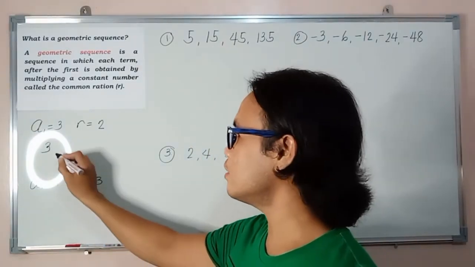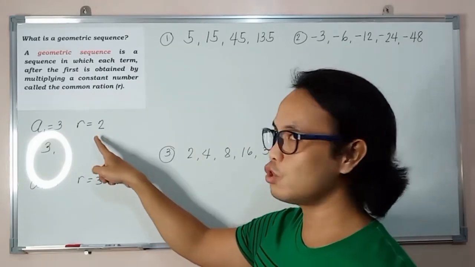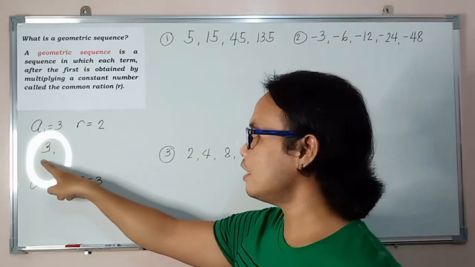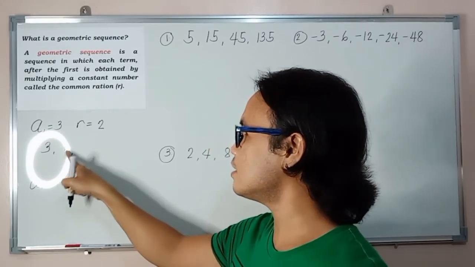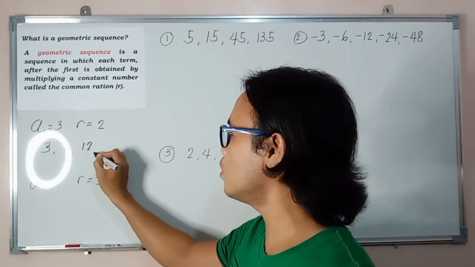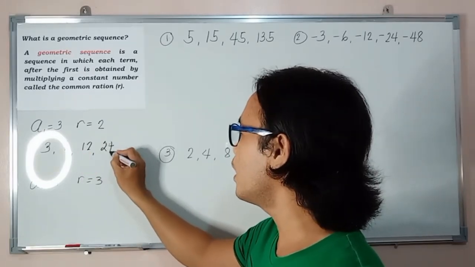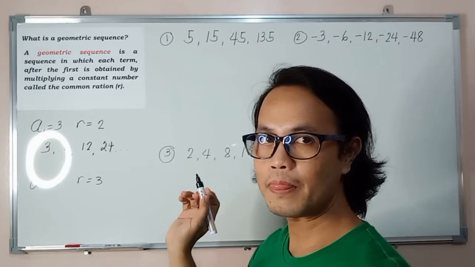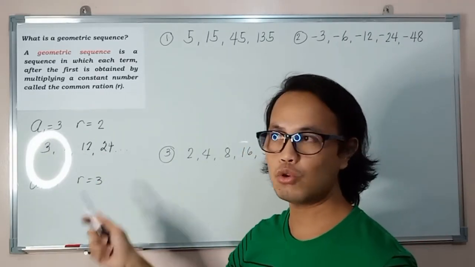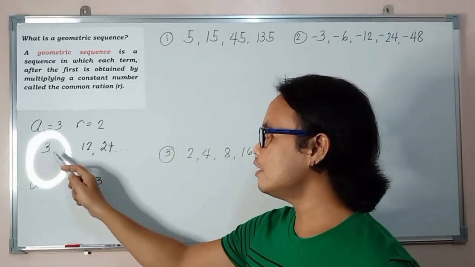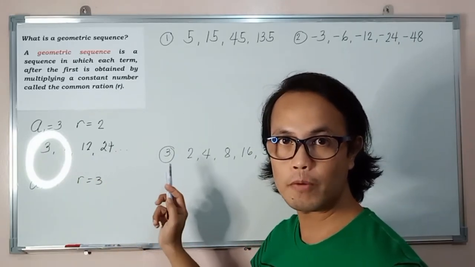And to get the second term, we just simply multiply the first term to the common ratio, which is 2. So that means 3 times 2 will give us 6. And 6 times 2 will give us 12. And 12 times 2 will give us 24, and so on. So for this sequence, our first term is 3 and our common ratio is 2. So we got 3, 6, 12, 24, 48, and so on.